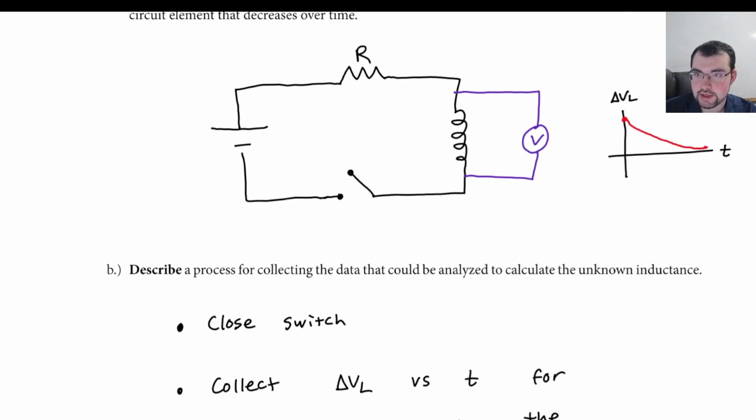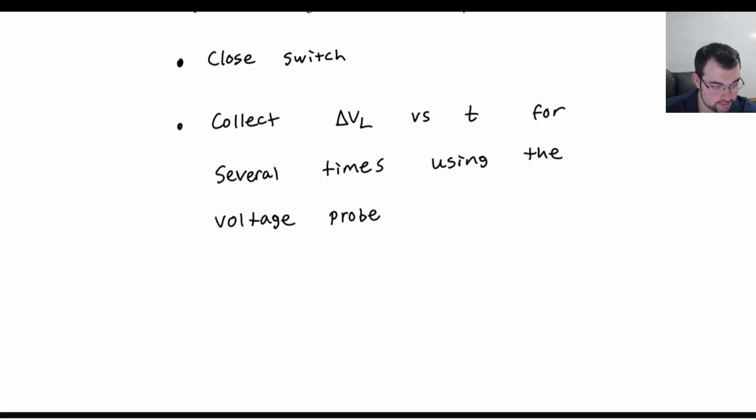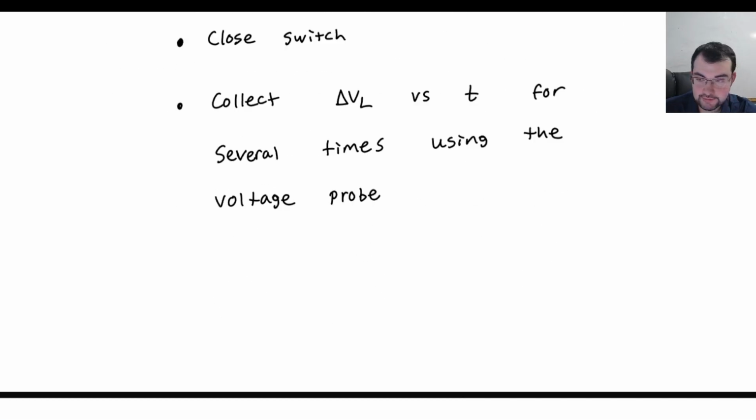Because if we plug this in and start timing it using the probe, it's assumed that this is a very fast acting probe. It has a high sampling rate, so we get a nice delta V versus t table. That's just how we collect it.